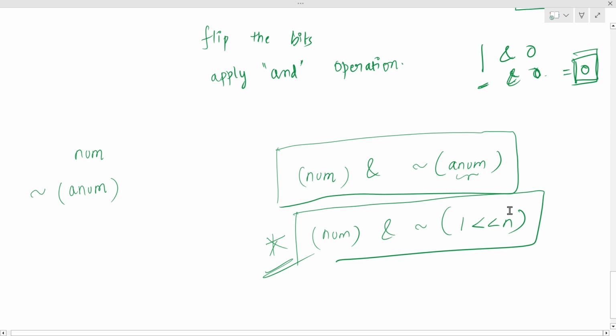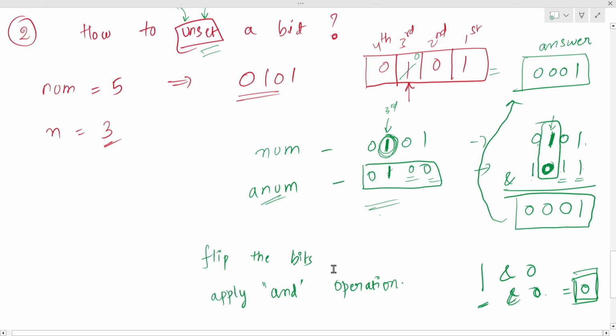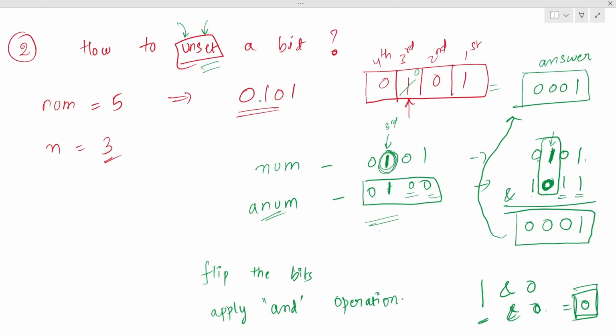Okay. Hope you got it right. So the idea was very simple. Given num, and you want to make the num at this position unset, then the other end, that means whatever another number that you are taking at that position, it must not contain 1, it must contain 0.